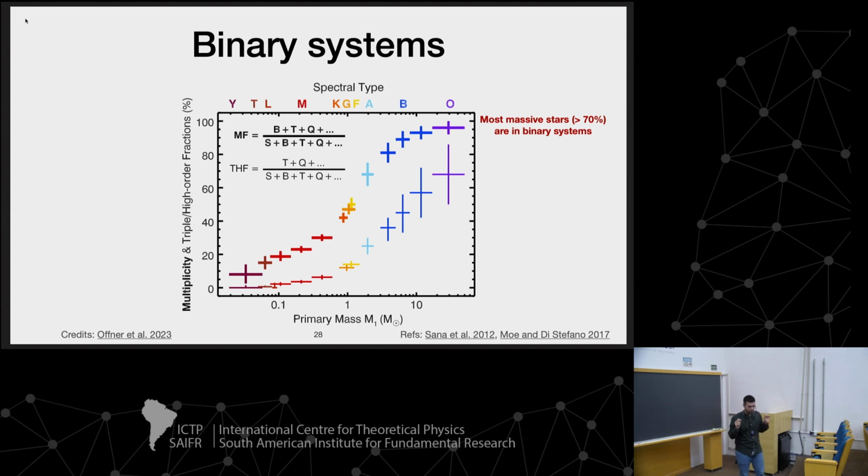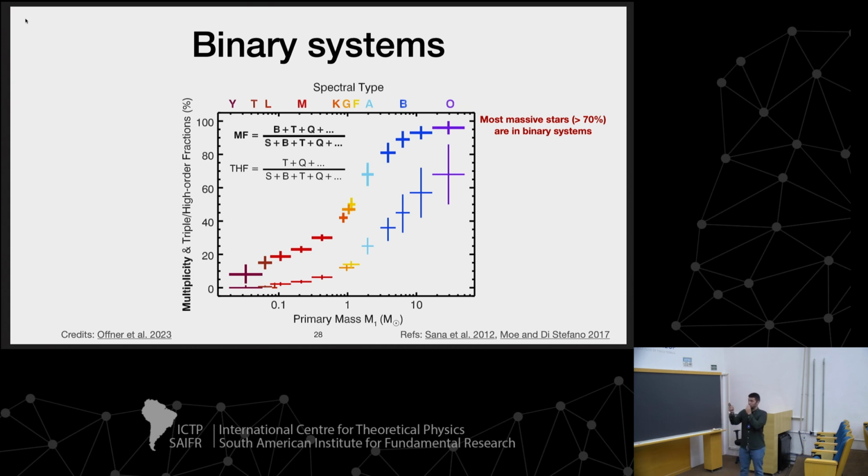But if we want two black holes to merge together, they must be in a binary system. Fortunately for us, observations tell us that massive stars tend to be in binary systems and also in multiple systems, so they can also be in triple systems and so on.